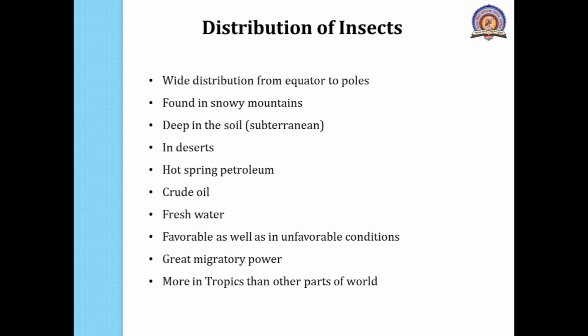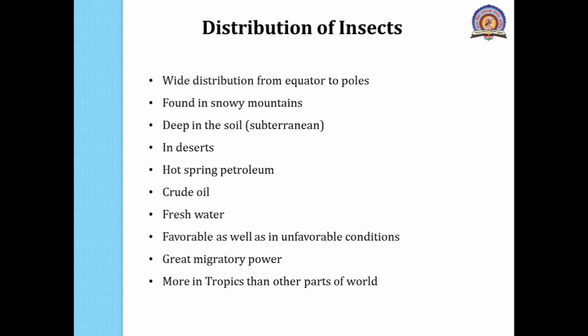It goes without saying that insects are found more in tropical countries or the tropical region than in other areas of the world. This is probably because the amount of sunshine and consequent good vegetation is a constant feature of the tropical region compared to other parts of the world.